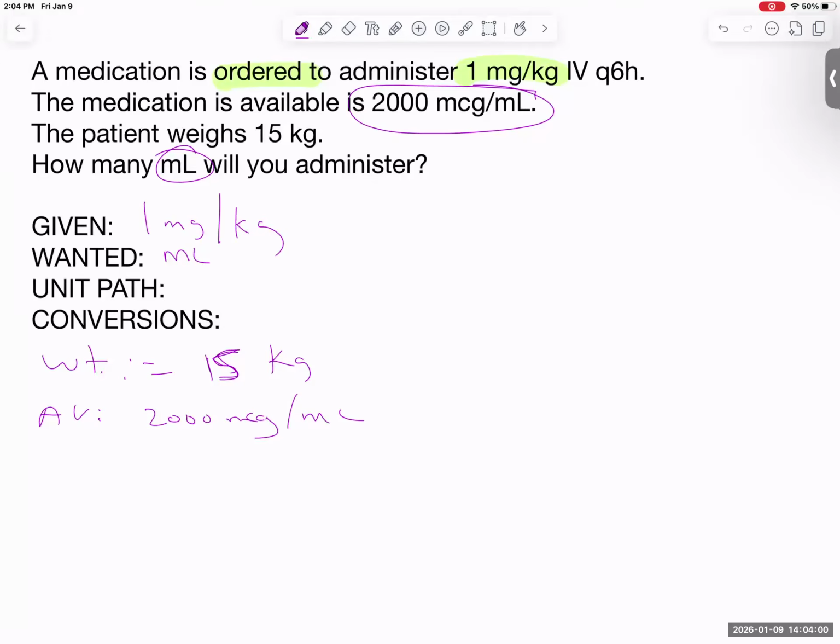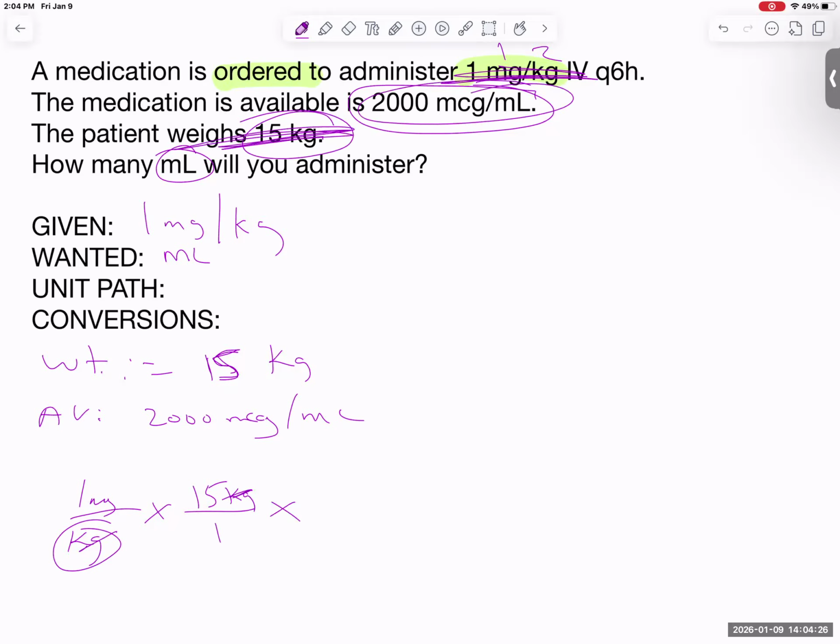All right, so let's see. We'll start with the given, 1 milligram over kilogram, because it's 2 factors, 2 parts of the order. And this is important to understand because we're moving right into three factors, so three parts of the order. So we got that, and I want to get rid of the kilograms. So I'm going to use what? The patient's weight, 15 kilograms, put that over 1. So I've used this, and now I have milligrams, but my available is micrograms.